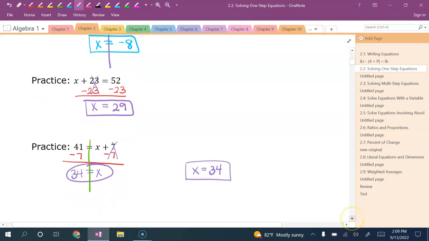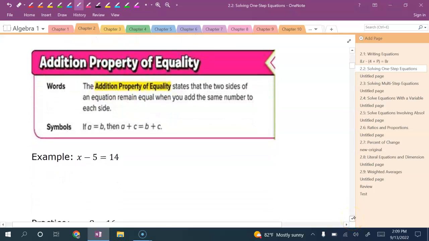Now, very similar to that subtraction property, we have the addition property, which says that if you add something on one side of the equal sign, you need to add the same amount to the other side of the equal sign. Instead of it saying x plus a number, it's now going to say x minus something. Like this one says, x minus 5 equals 14.